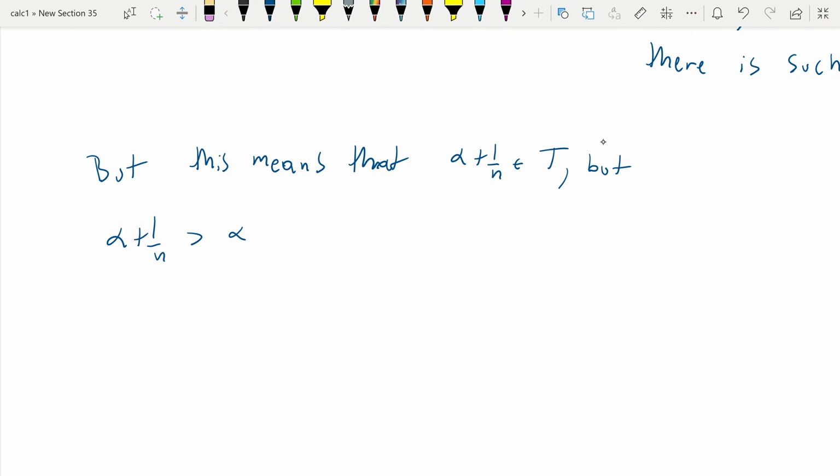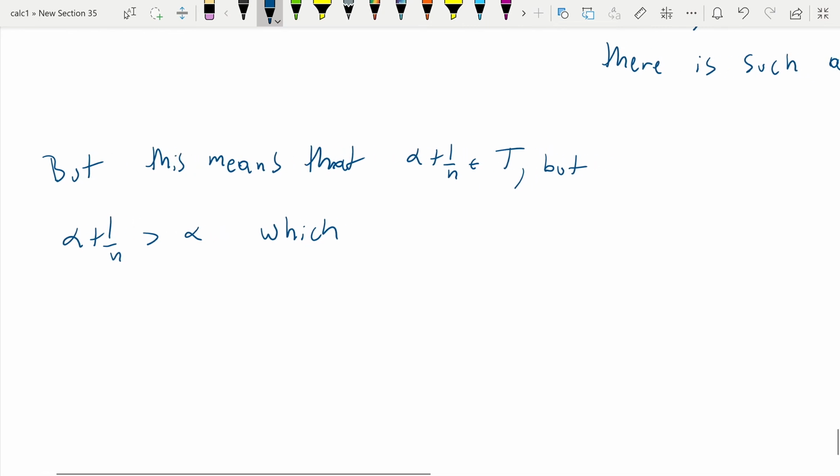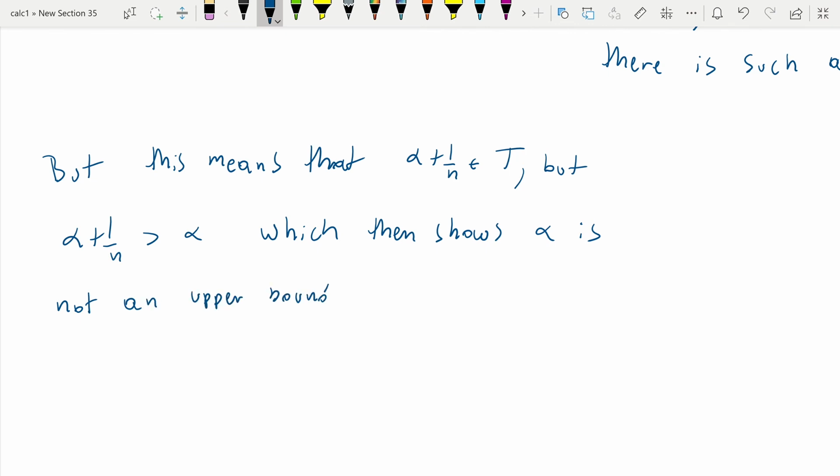And this then means alpha is not an upper bound.